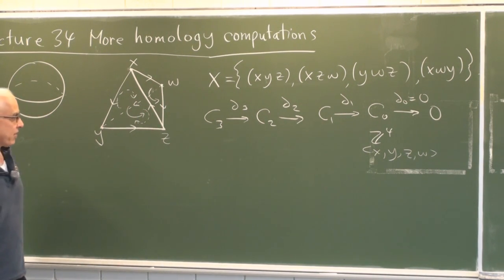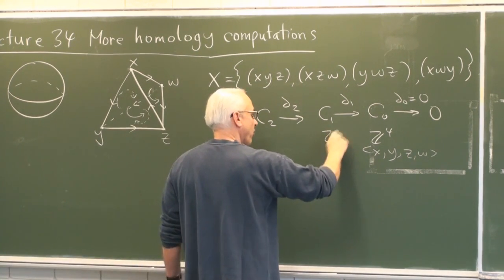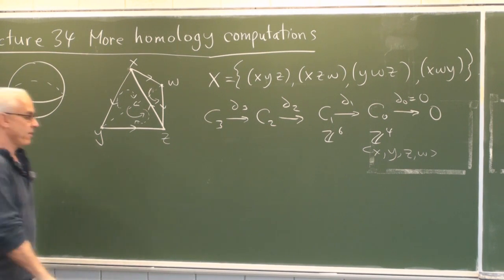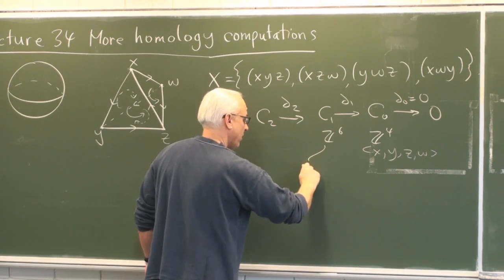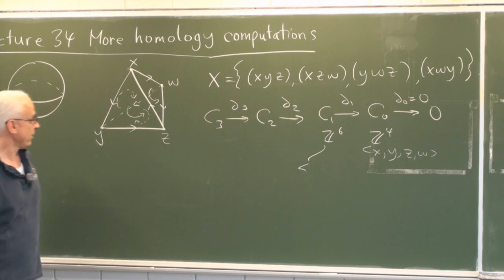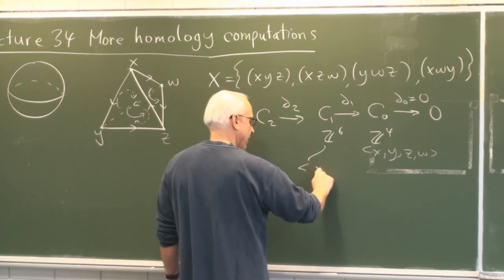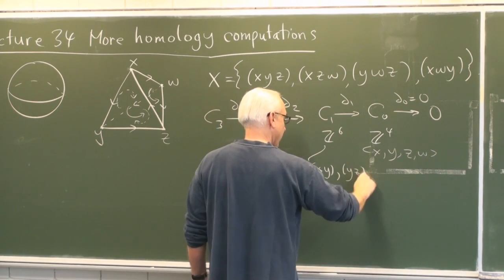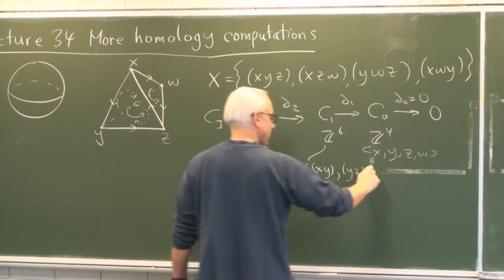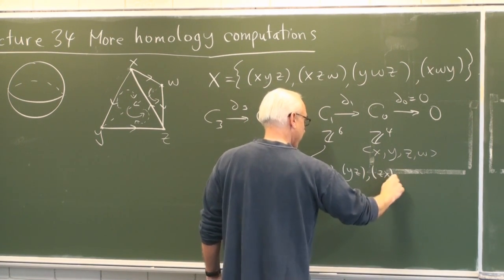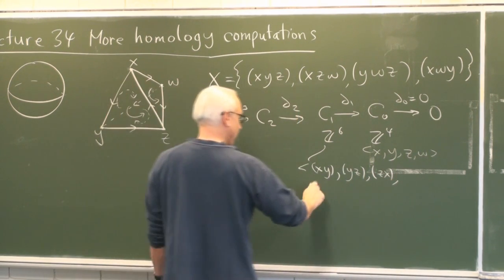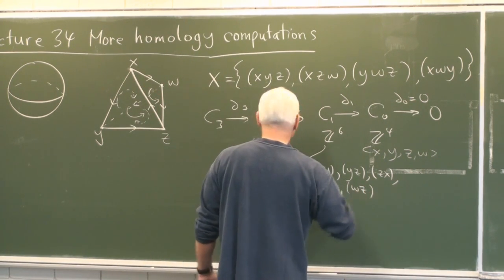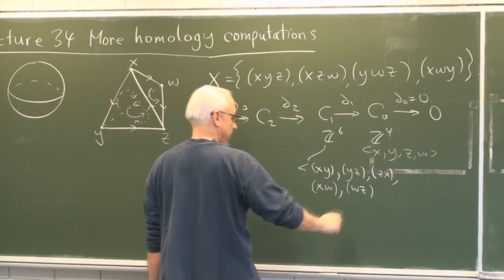There's six of them altogether, so the C1 group will be six copies of Z. And the basis that we have is: XY, YZ, ZX, and we said XW, WZ, and WY.